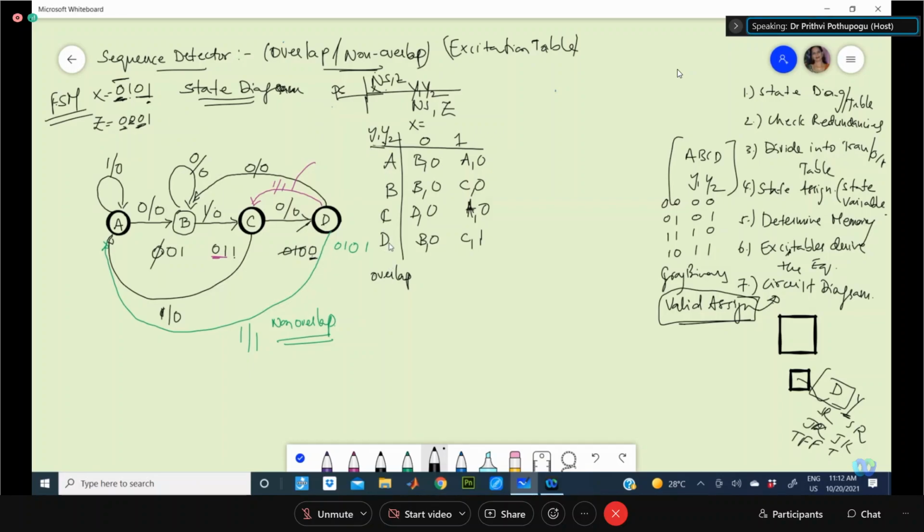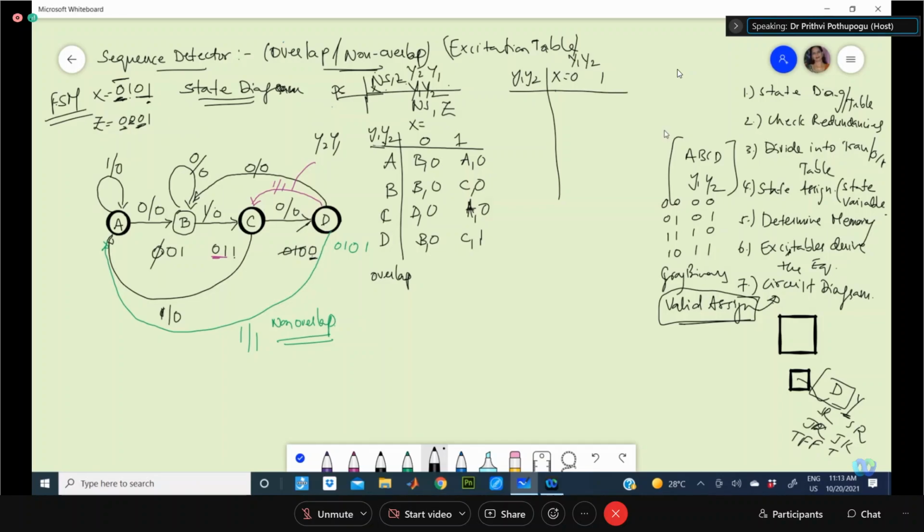derived. Okay, so now here what we have to do is divide this into transition table and output table. So y1, y2, you can take this in this order also, y2, y1 also. Then in that sense, this becomes y2, y1. It's up to the designer. This has to be clearly mentioned in their document what is the order they have taken. Okay. So when x is 0 and 1, what is the next state?